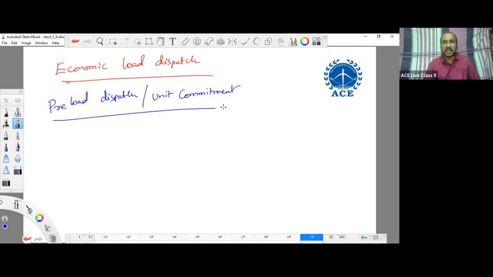First, you need to preload, or commit the status of the vehicles. For 50 members, suppose each mini bus takes 10 members. How many buses should you select? 5 buses. That 5 buses should be in what condition?